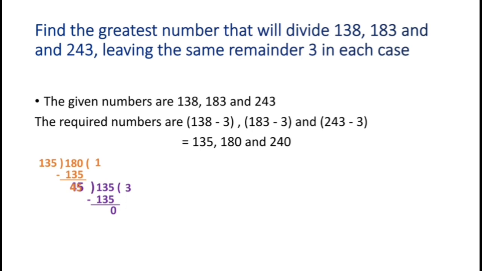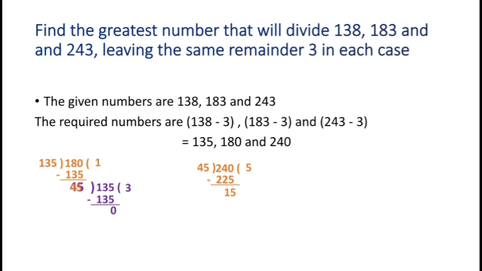Now what we will do? This 45 will become the divisor. 240 will become the dividend. We don't get 240 in the 45 table. What we will do? We will take less than that. 45 5s are 225.